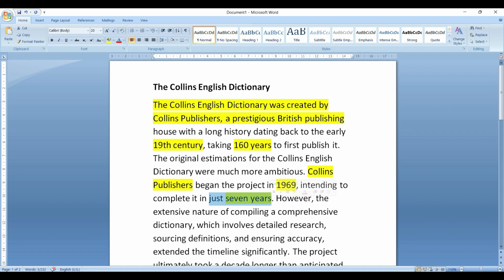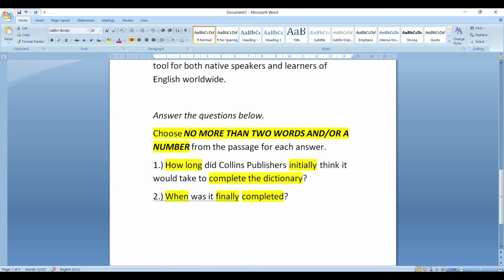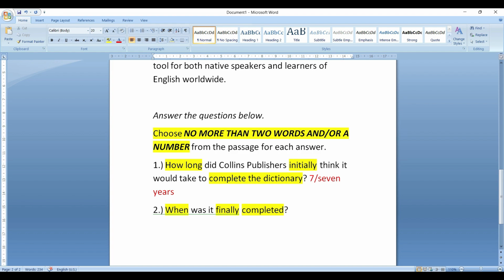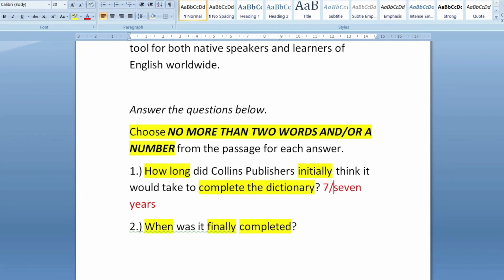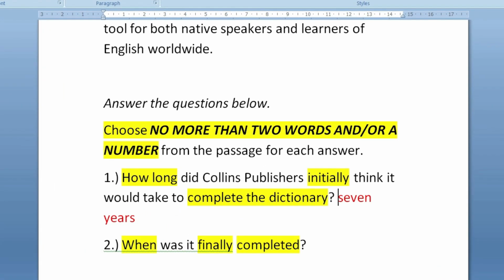So their first goal, the initial plan, was to complete it in 7 years. So this is around. Don't let any other dates confuse you. I hope you agree. 7 years here. We check the word limit. We're fine. No more than 2 words and or a number. So it is correct. If you also prefer to write 7 instead of the number, in this case, again, it would be correct. So let's move on to the second question.